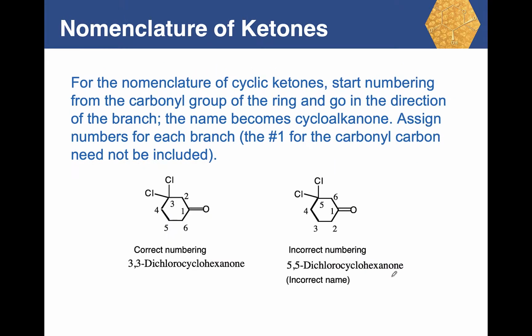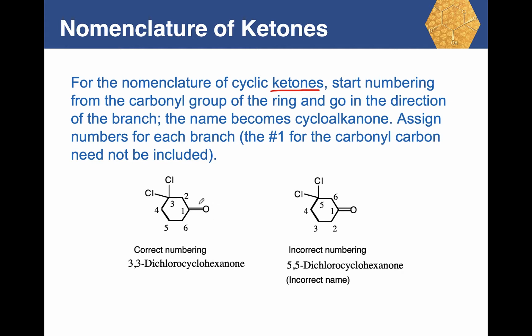Okay, so let's look here at cyclic ketones. So as you can imagine, the ketones can be in a ring. Notice the aldehydes cannot be in a ring because it's at the end. But the ketones, because it's internal, it can be in a ring. So again, to name it, identify the carbonyl.